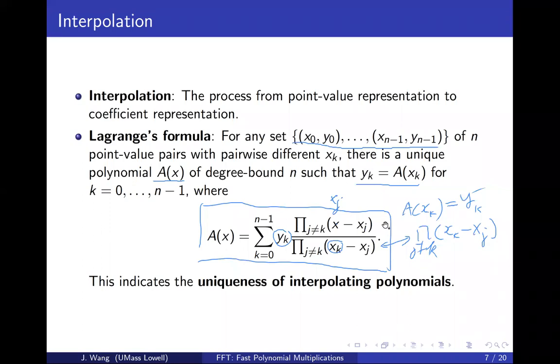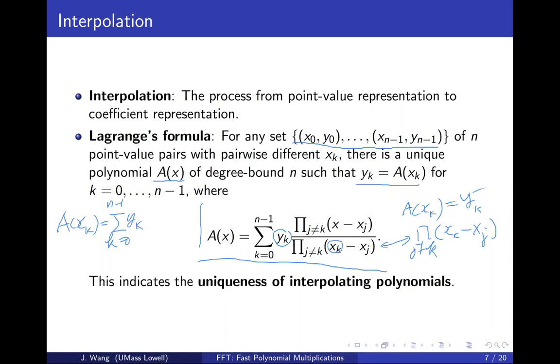Okay, so let me erase this. So what we are having is a of xk, where k is from 0 to n minus 1.